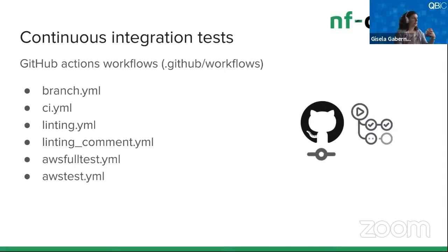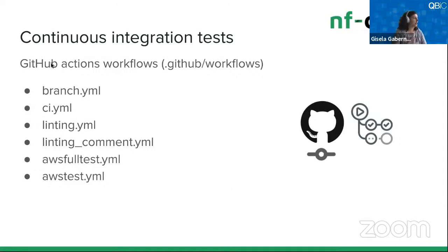For continuous integration, we use GitHub Actions, which is a service directly provided by GitHub. The service provides a series of worker instances in which one can run certain continuous integration tasks. As part of NF Core pipelines, we have several GitHub Actions workflows that define which tasks should be run.